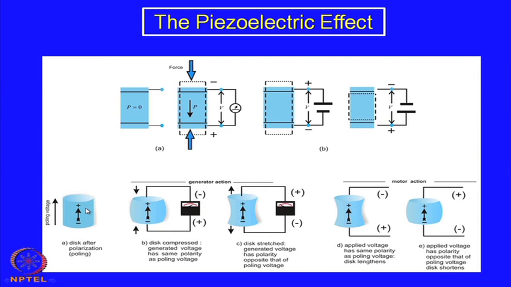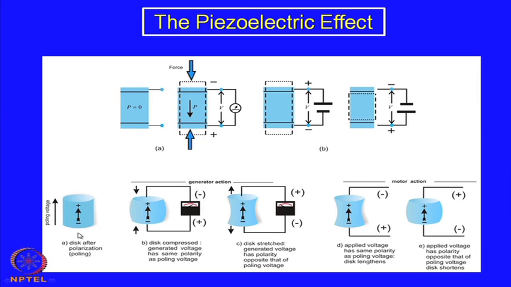As a result of poling you have the disk after polarization, that means all the dipoles have been aligned in a particular direction. So, one can identify which particular side or face of this material is positively charged and which one is negatively charged.